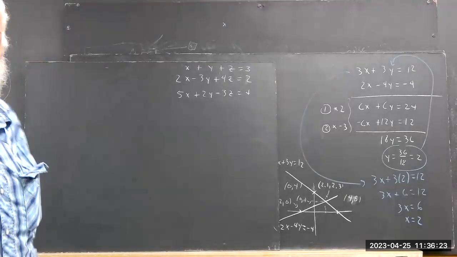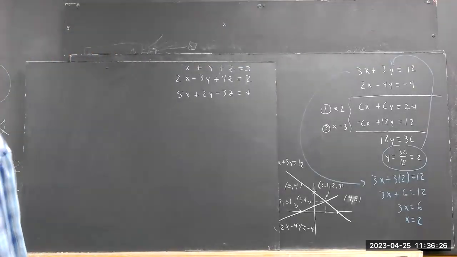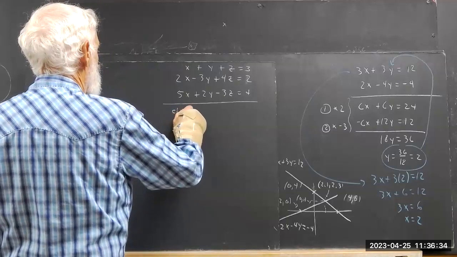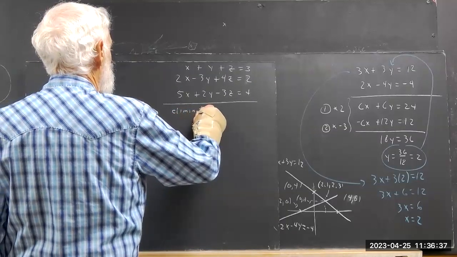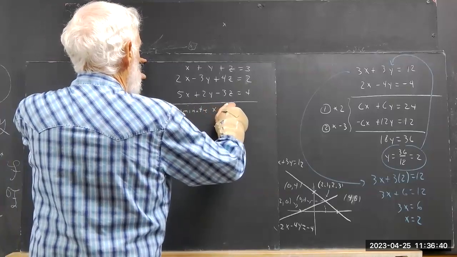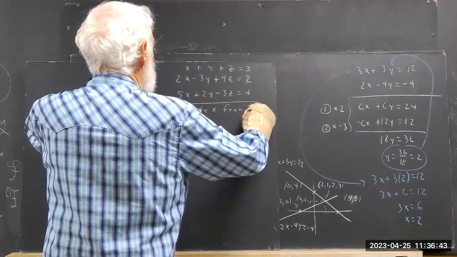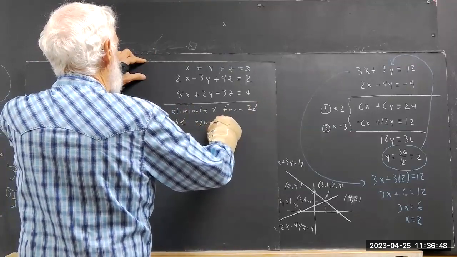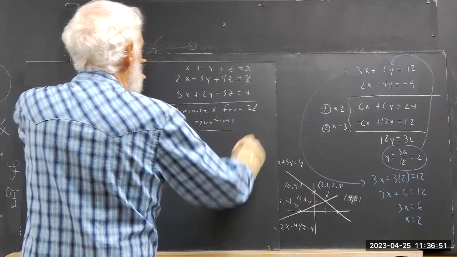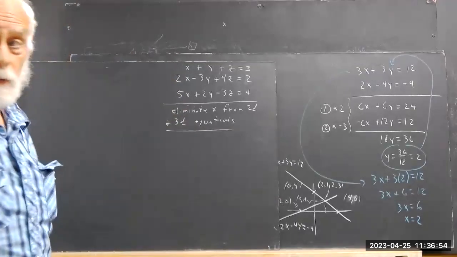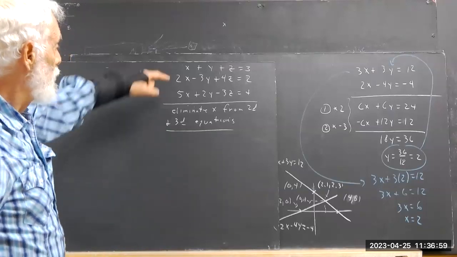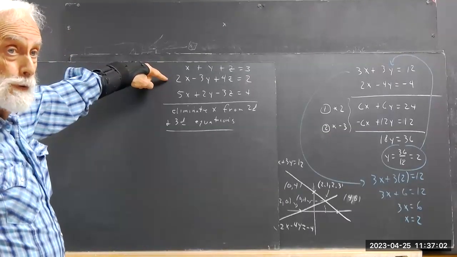There's your equation. What we're going to do is eliminate x in the second and third equations. So what multiple of the first equation could we add to the second in order to eliminate x?